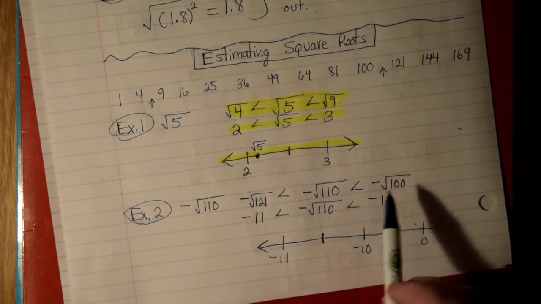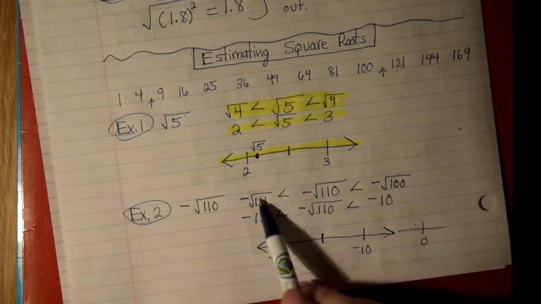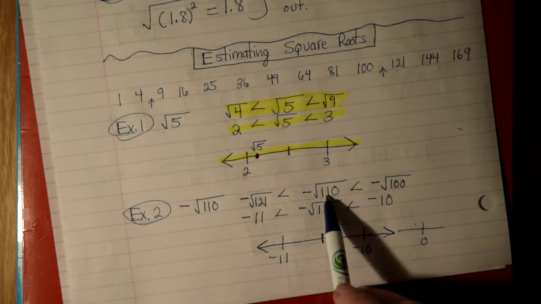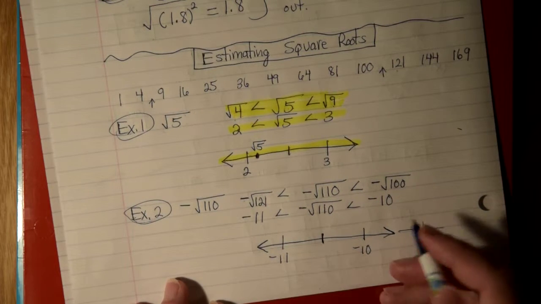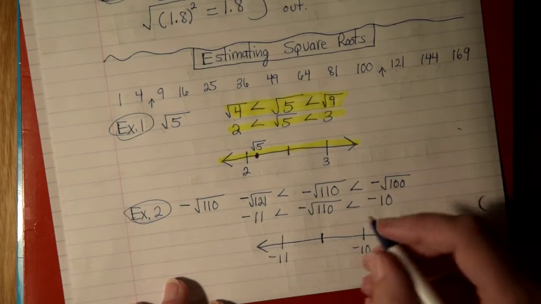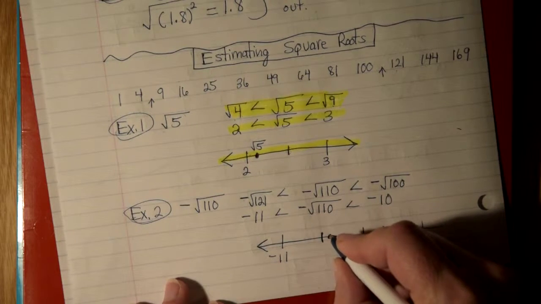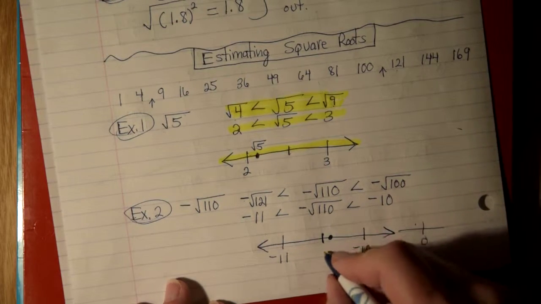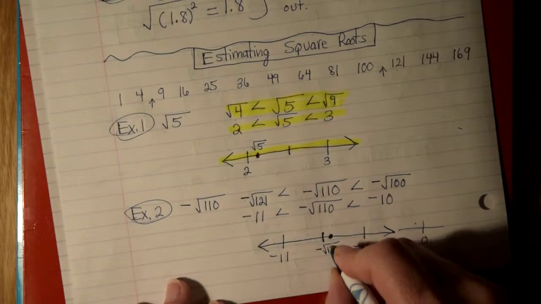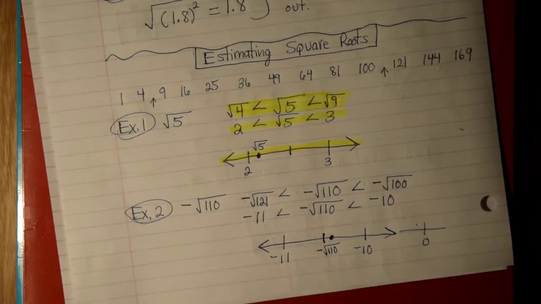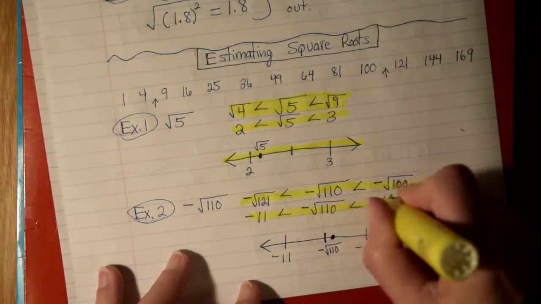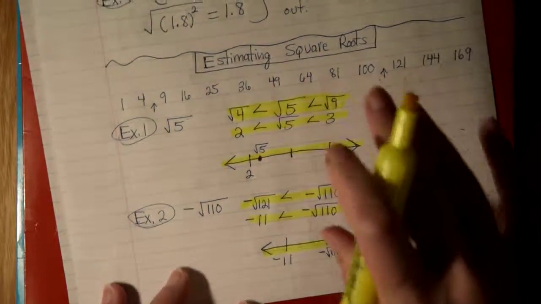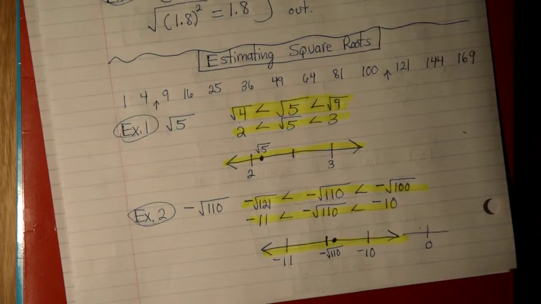Is 110 closer to 100 or to 121? Well, it's 10 away from 100, but it's 11 away from 121, so it's slightly closer to the negative 10. So I'm going to put it maybe like that, and then label it. And so you're going to show me this, this, and this. And there you go.